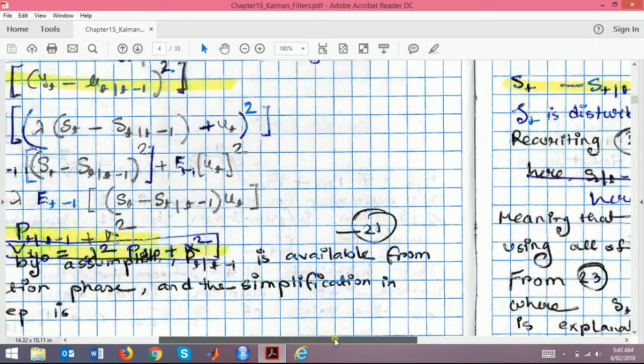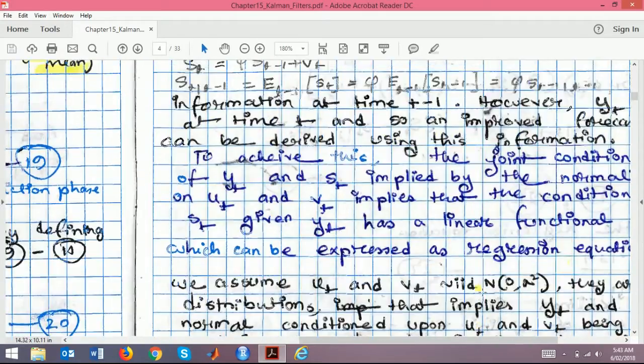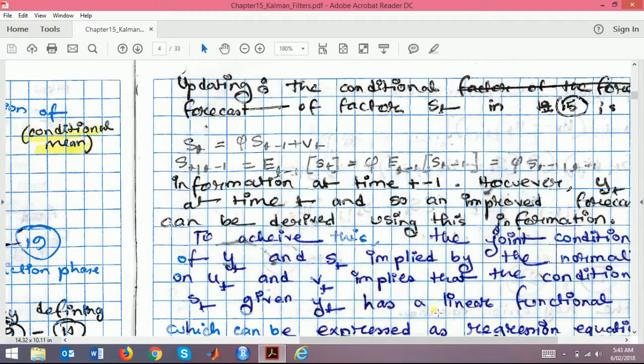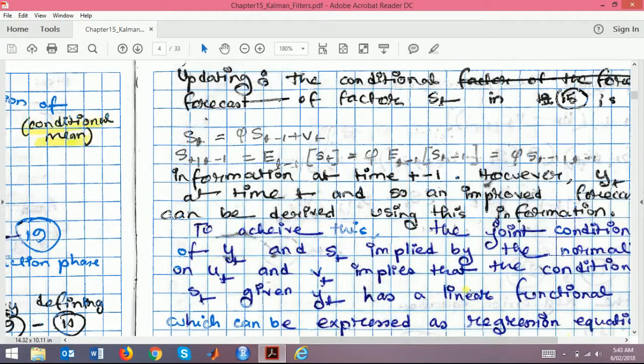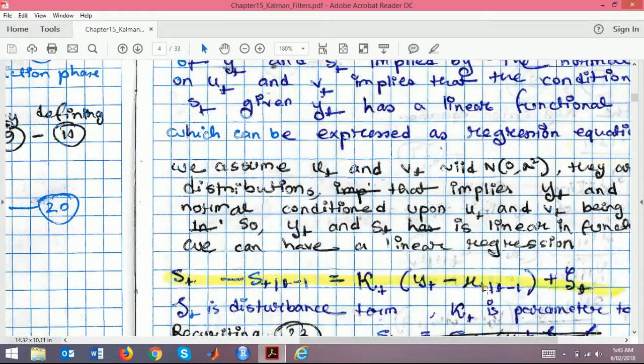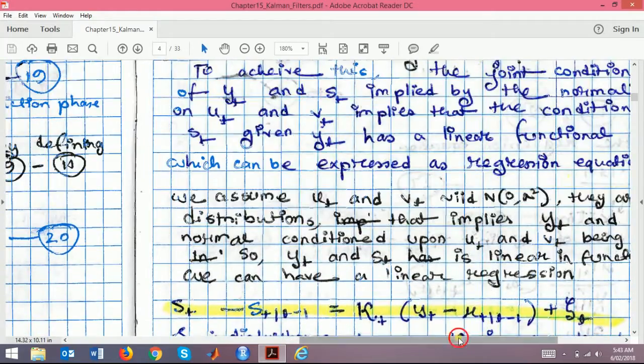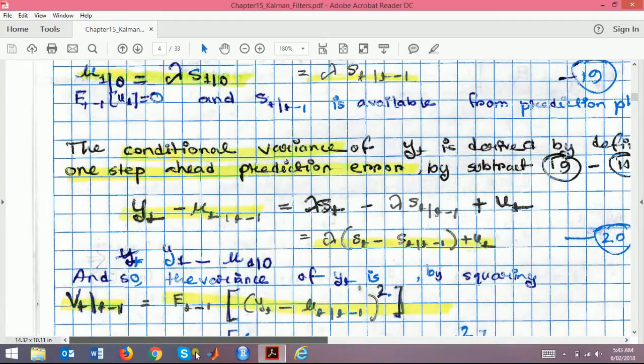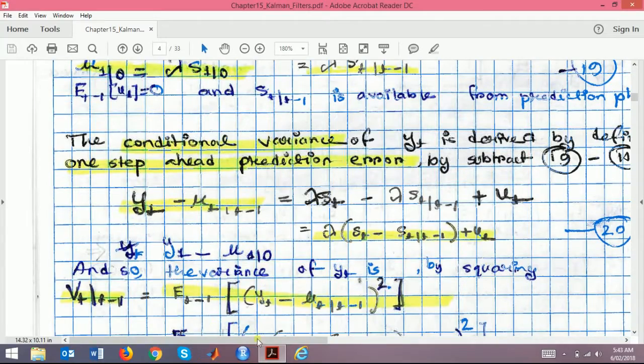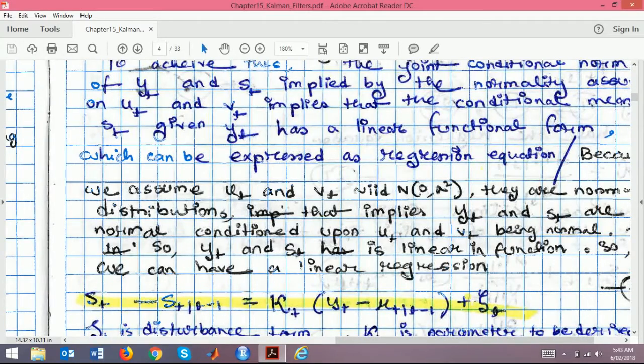Then we move forward, we use these observations into the next stage, which is updating. And now in updating, before we start talking about updating, something we need to understand is that because u and v both residuals are normal, that makes y and s, I mean in the measurement and state equation, to be normal.